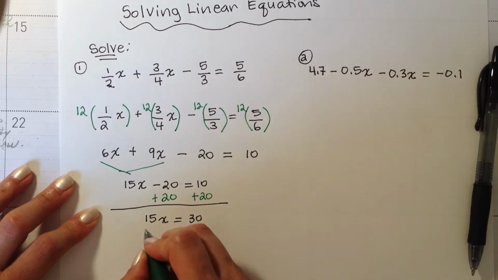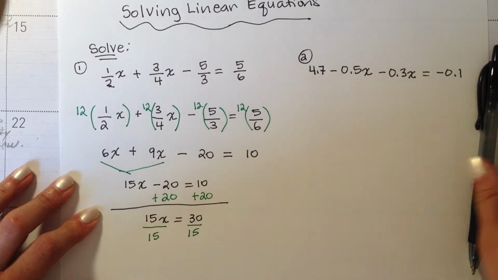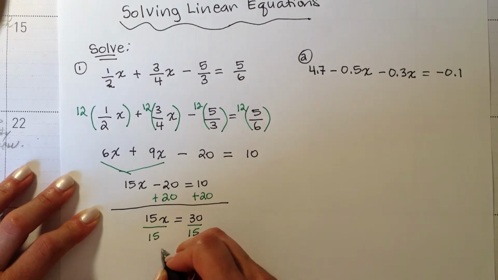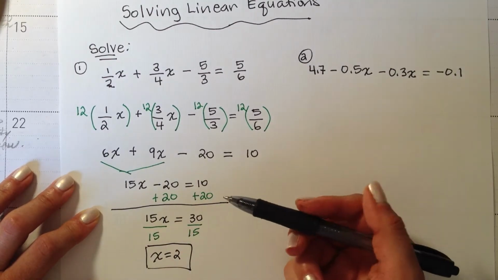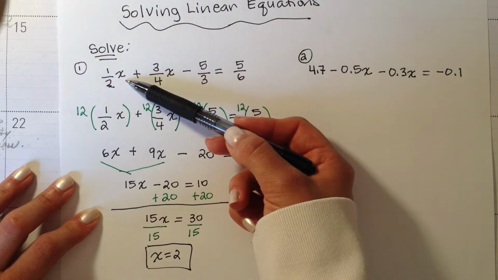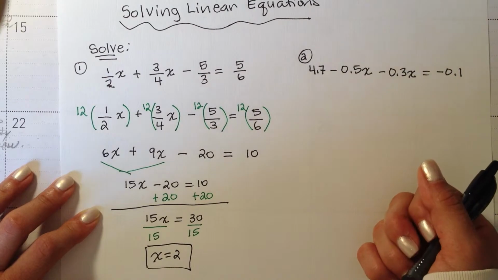Divide both sides by 15. x is equal to 2. You can easily check your answer by taking 2 and substituting it back into the original equation for x, and checking to make sure that the right and left sides are equal.